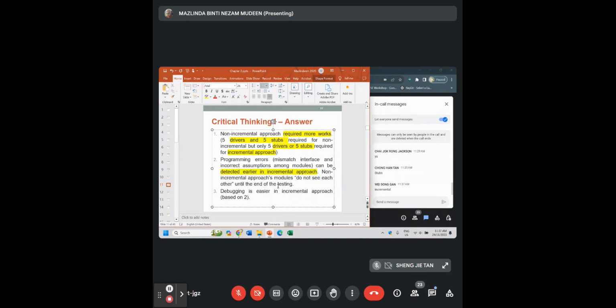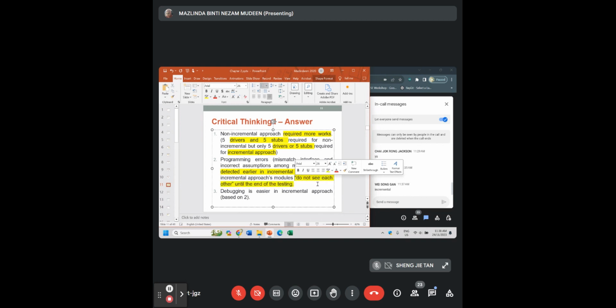This is because the module will be integrated with the next module much earlier compared to non-incremental, where the modules will not see each other until we combine them as a whole system.